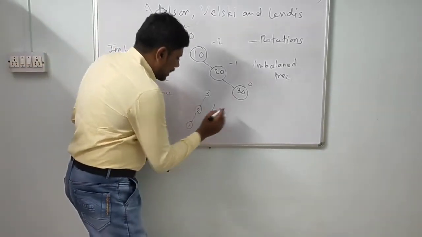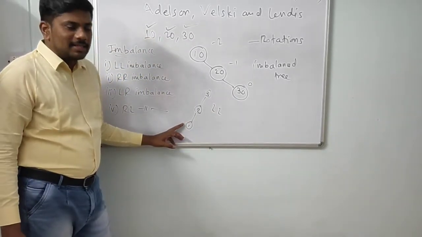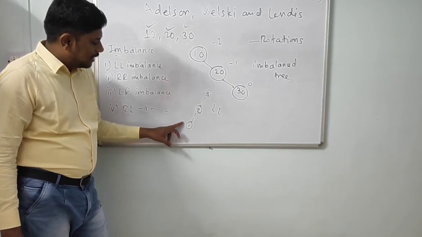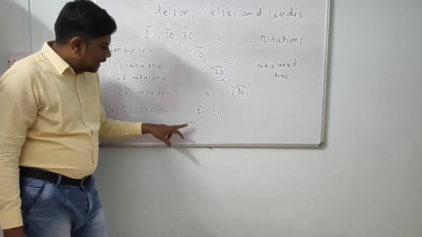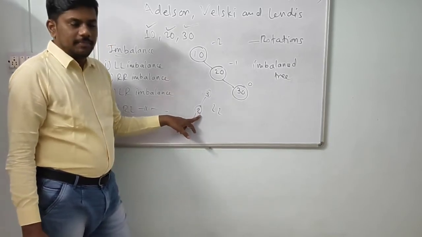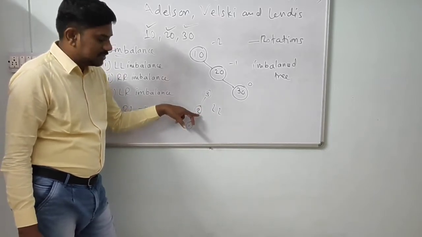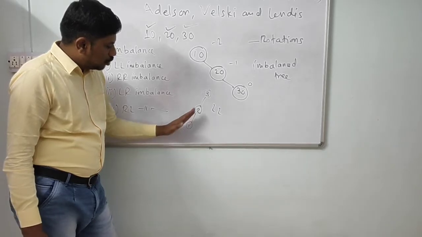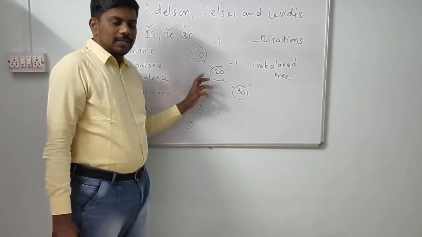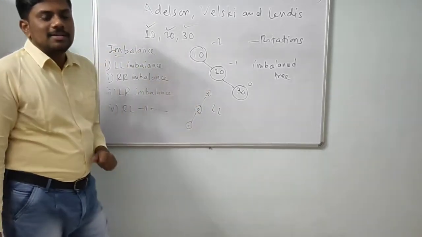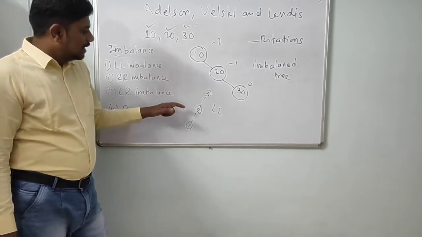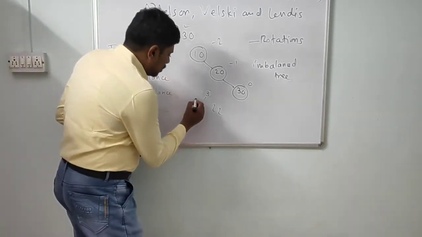Why is it called LL imbalance? You have inserted a new node to the left side of the left subtree. This is the left subtree, and you have inserted 1 to the left side of it. So this imbalance is called LL imbalance. In this situation, which rotation should you take?